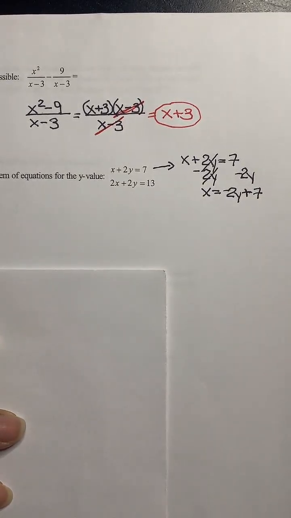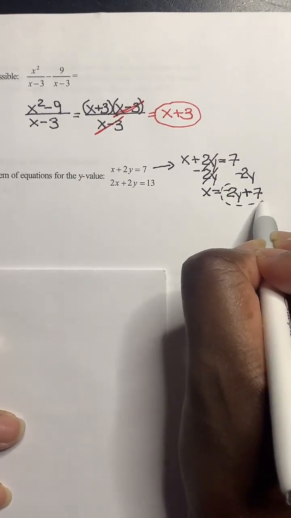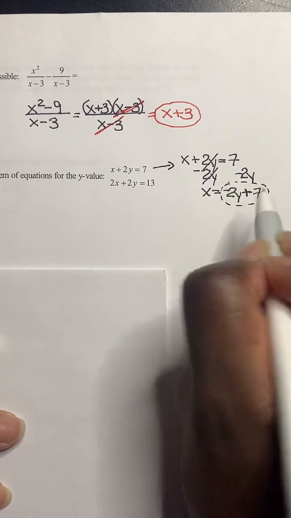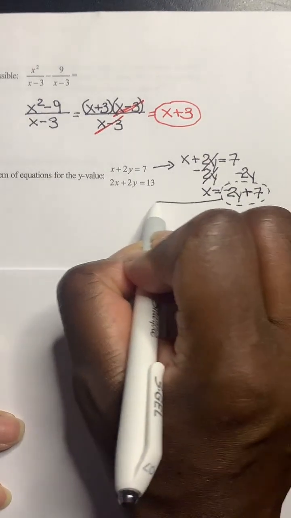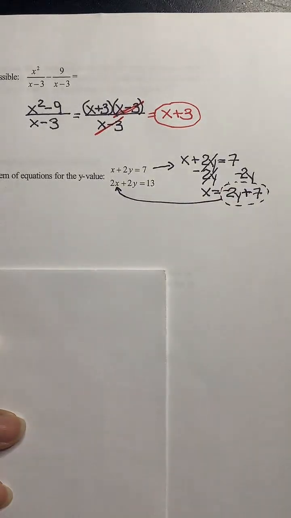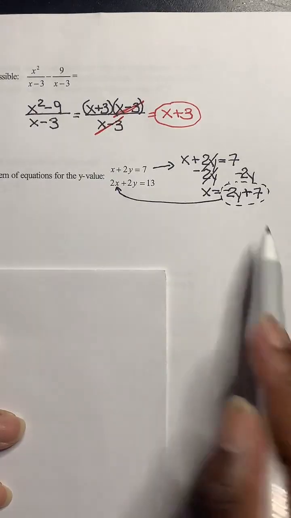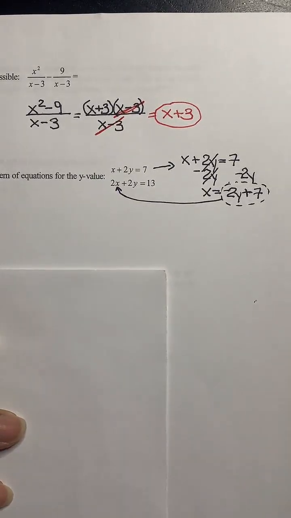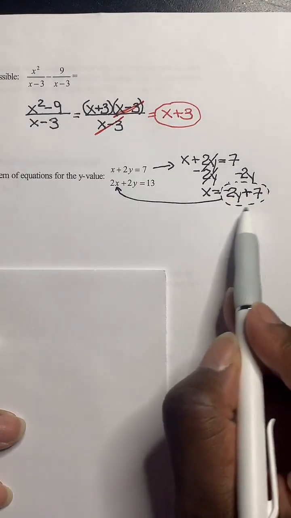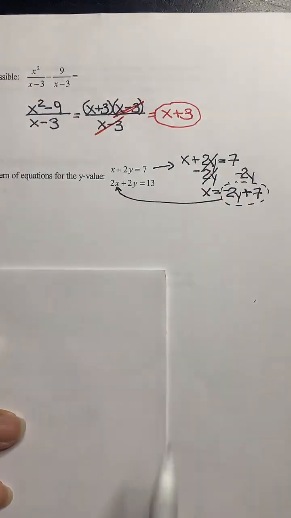So what you're going to do with this expression right here is take this expression and substitute it into the second equation for x. The reason why you're doing that is it says x equals. So you're saying, hey, x equals this. Now you're going to take this whole expression and plug it in and replace the x.